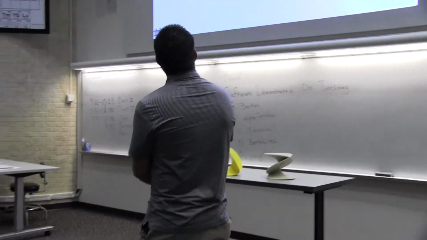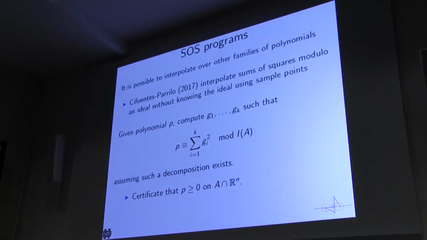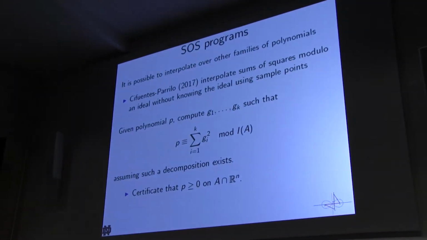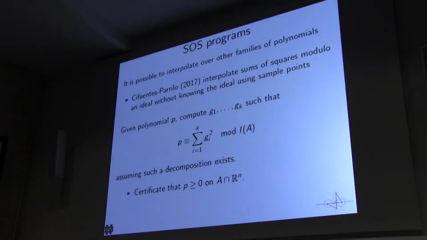Okay, so what we were doing was we were interpolating over linear sections of your variety. What happens instead of interpolating over linear sections? I interpolate over sums of squares modulo my ideal.